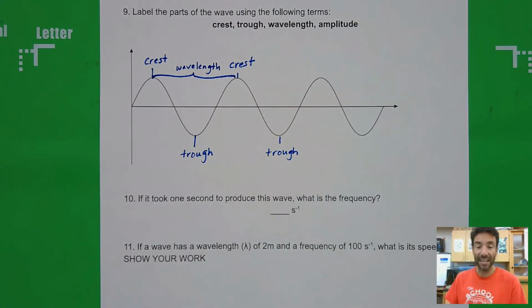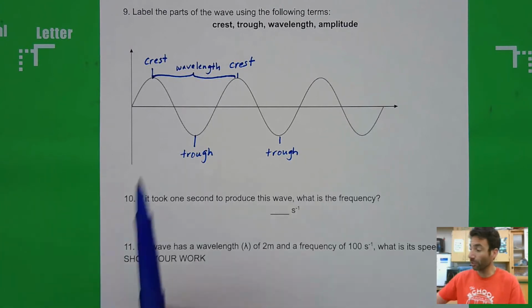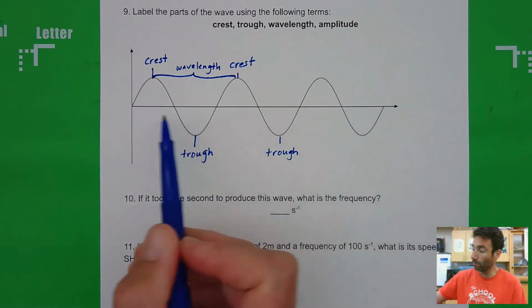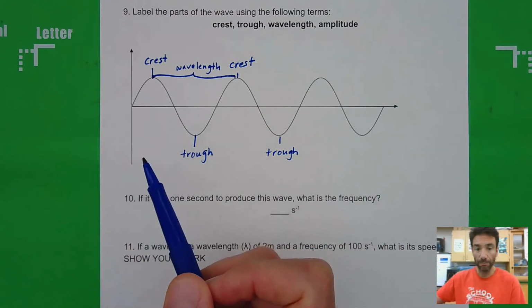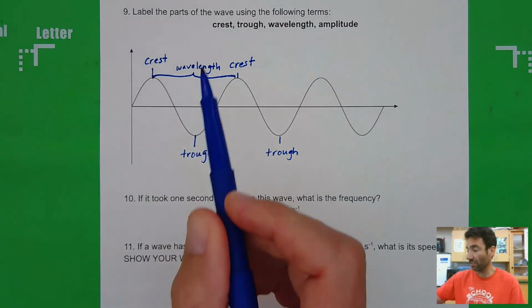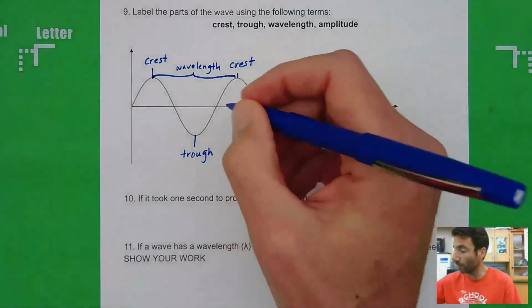and then lastly, it asks for amplitude. Amplitude is defined as the distance from the zero line of this wave, which is right here going through the middle. That's kind of the normal line. And saying what is its height from that line. It could vary, but this is a very consistent one that we're looking at.